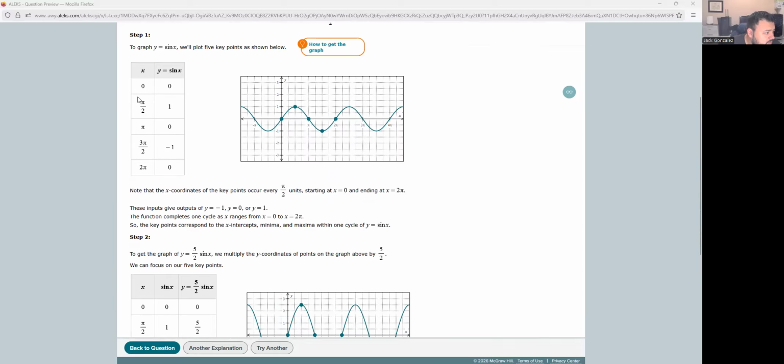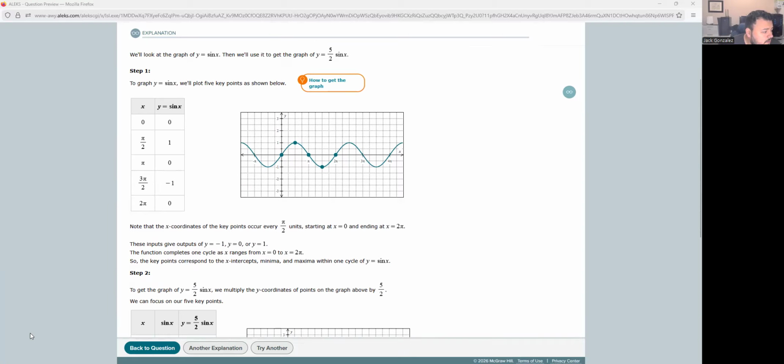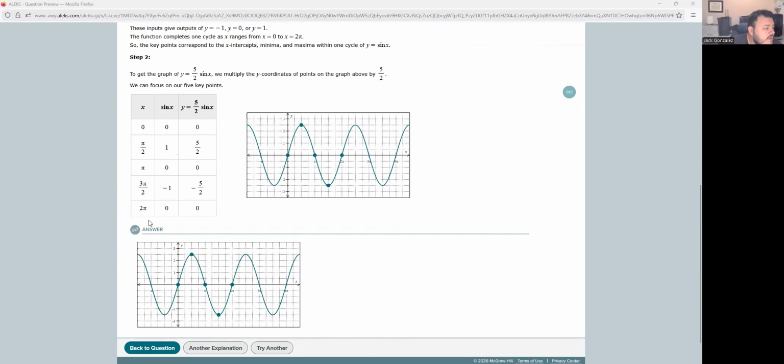These are all the numbers from the unit circle right here. So they say, well, let's just scale them by the 5 halves right here. They have the original y values there. If you multiply them all by 5 halves, you're going to get these numbers.